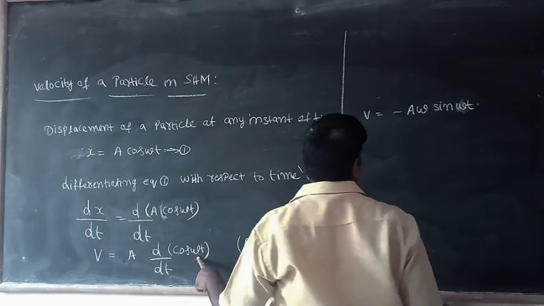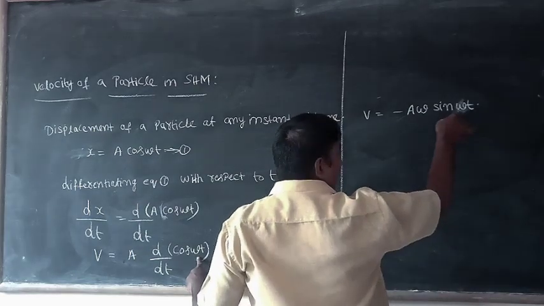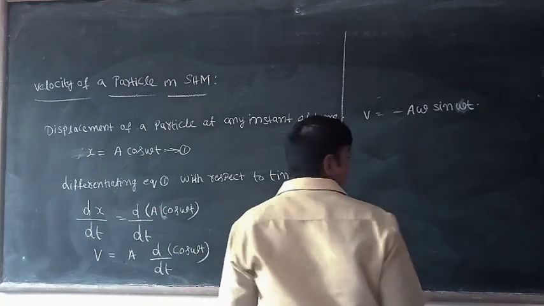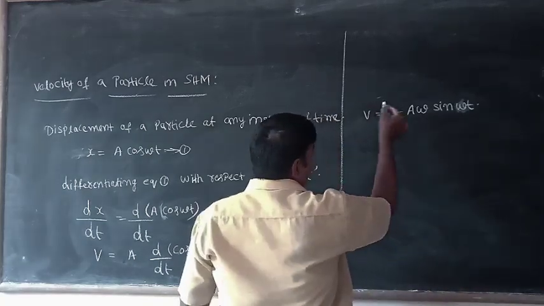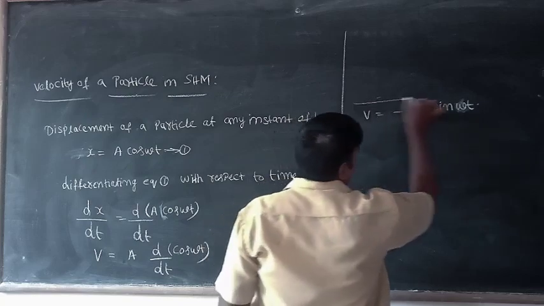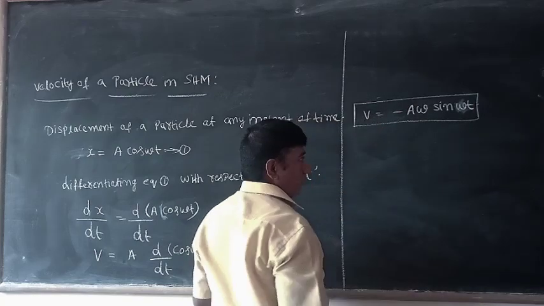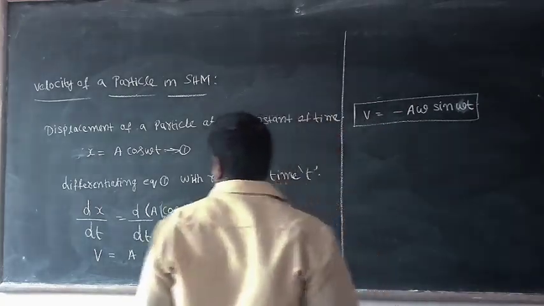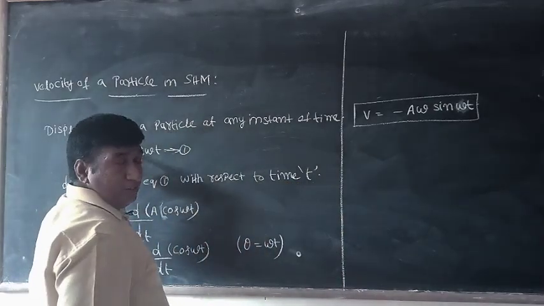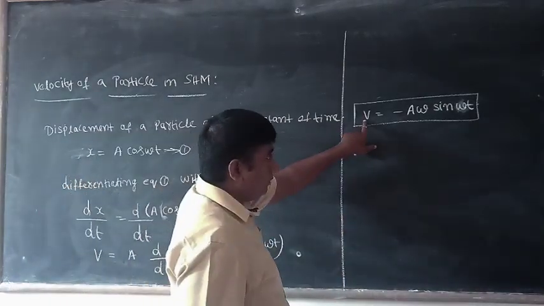With the help of this equation we can represent the velocity, but since displacement has been represented in terms of cos, we can change this equation in terms of cos.